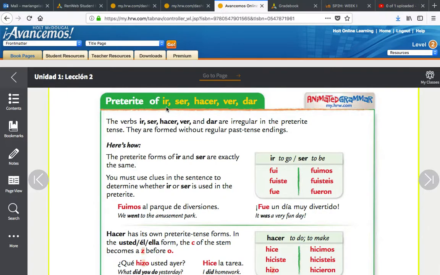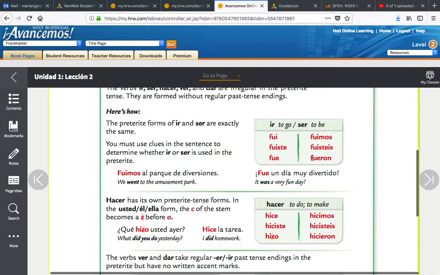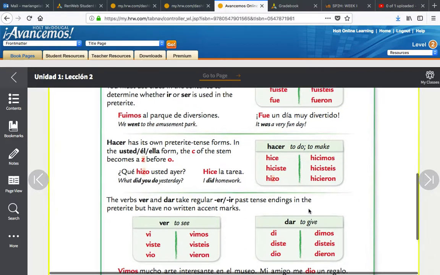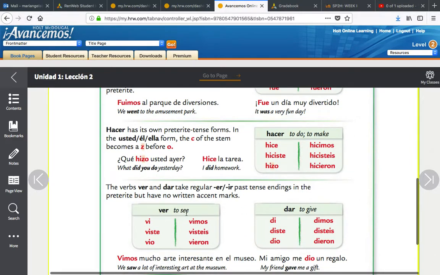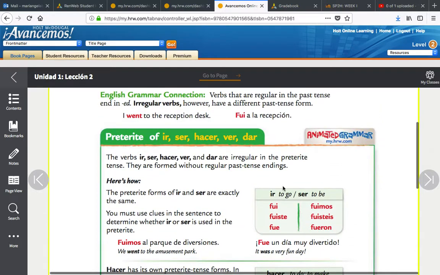Ir means to go, ser means to be, hacer means to do or to make, ver means to see, and dar is to give, okay?